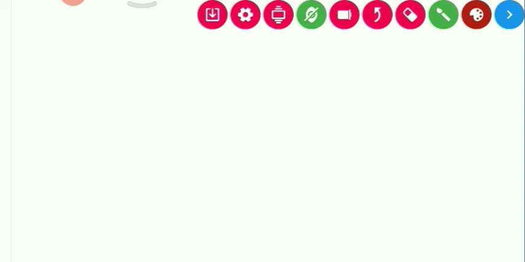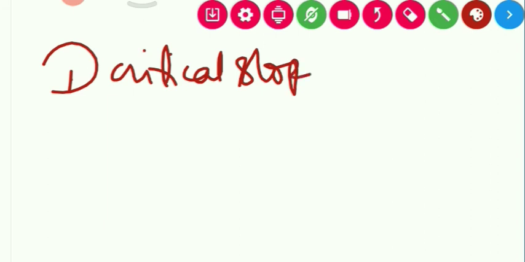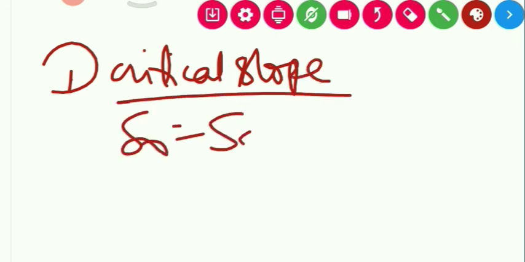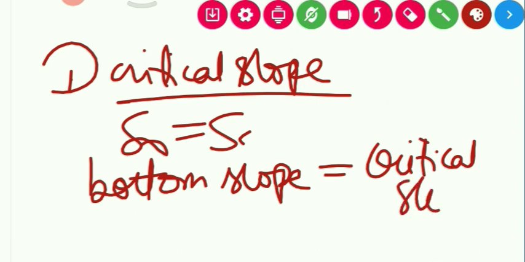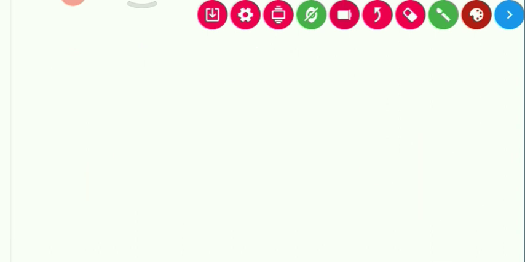So what is a critical slope? Critical slope is that one in which S naught equals Sc. This S naught is the bottom slope, which is equal to the critical slope. What is mild slope?